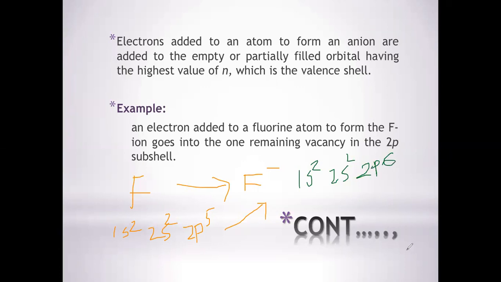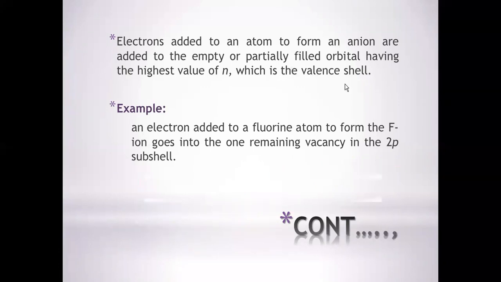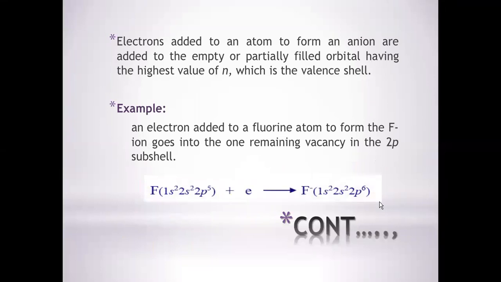This is the electron configuration when an atom accepts an electron, that means it's forming an ion. So examples are given here, the fluorine accepting an electron. This is the configuration: the 2p5 is converting to 2p6 according to the subshell.